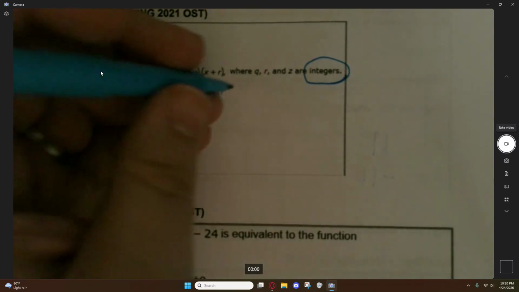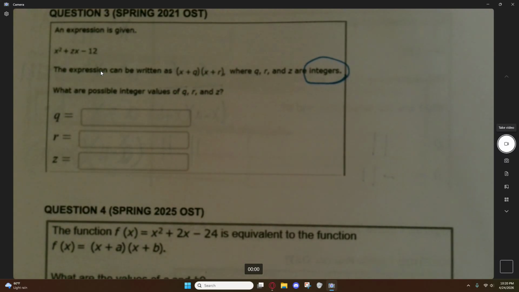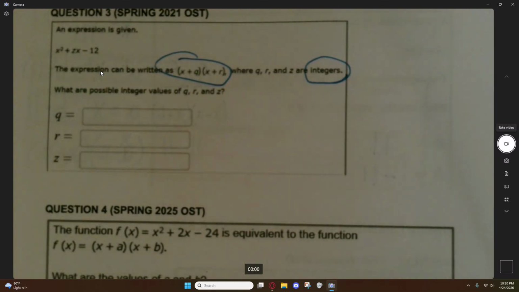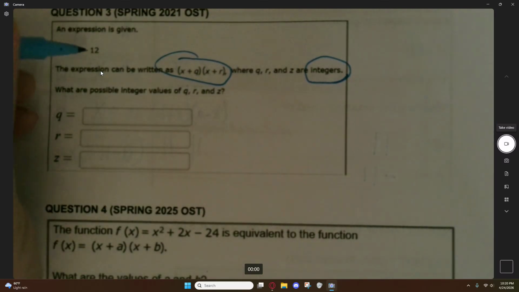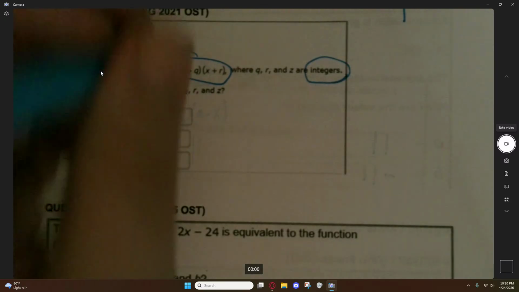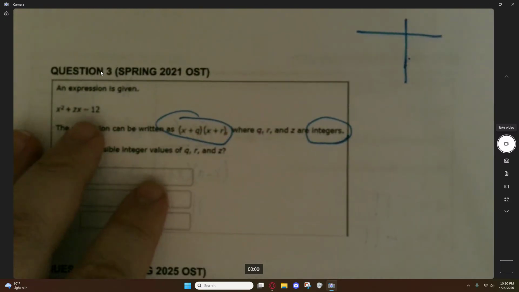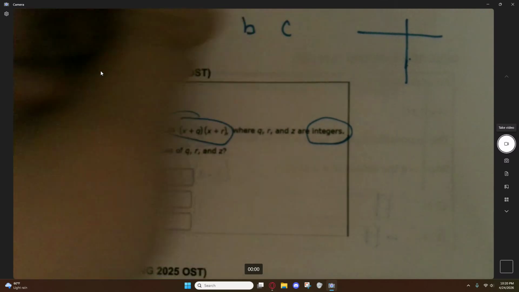Let's talk about the intended way to solve this problem. When you talk about factoring, you're factoring stuff out. In a trinomial like this, you need numbers that would add to b and multiply to c.